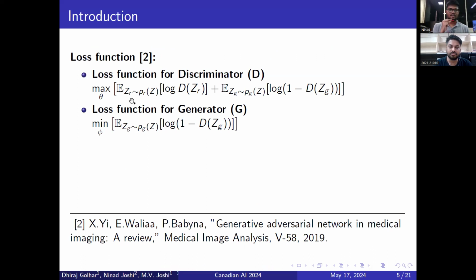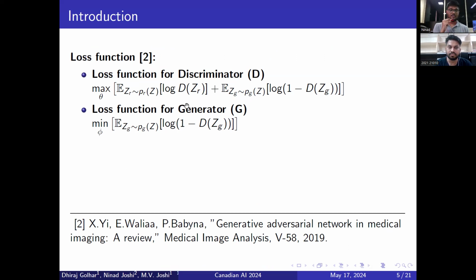Now, for that, we'll go through the loss function. So the discriminator has to take care of two things. First is that it has to classify real as real, which is taken from the training data set, and it has to classify the generated image as fake. So for that, we'll have to maximize the expression: expected value of logarithmic of D of Z R, where Z R is taken from the training data, and expected value of logarithmic of 1 minus D of Z G, where Z G is the generated image.